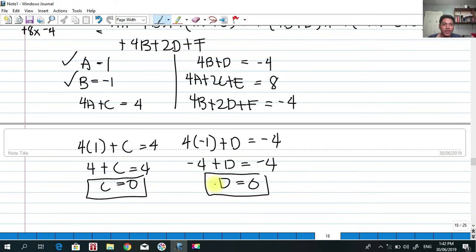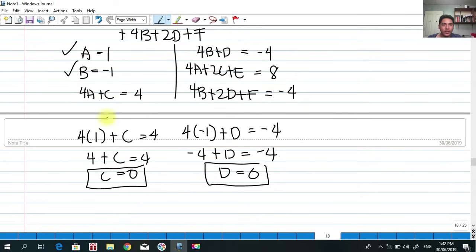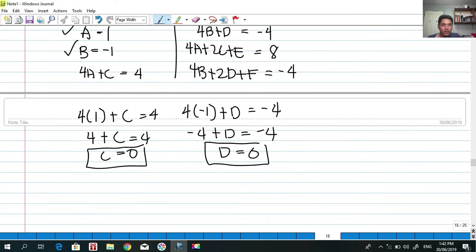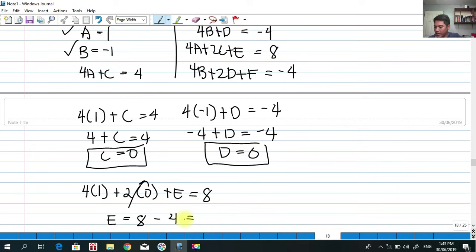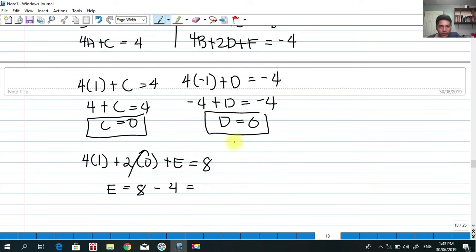Again, using these known a, b, c, and d, we can substitute it here to get e. So for e, we have 4a, 4 times 1 plus 2 times 0, plus e is equal to 8. So e should now be equal to 8 minus 4. So our e now is equal to 4.